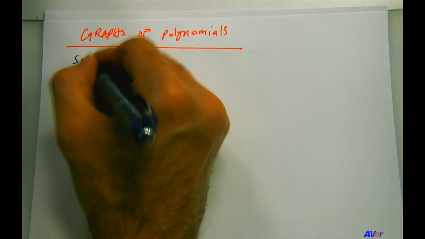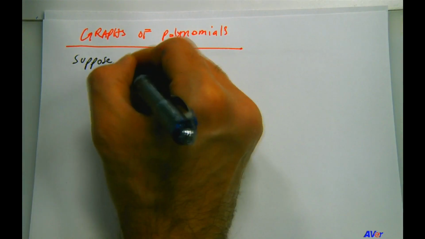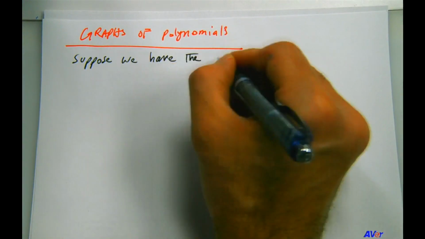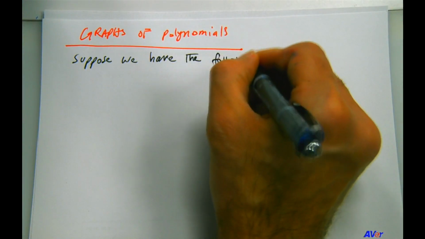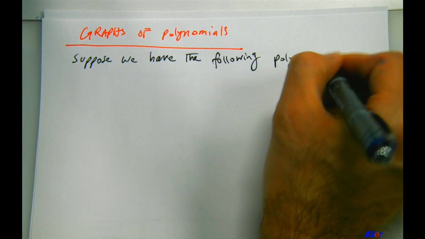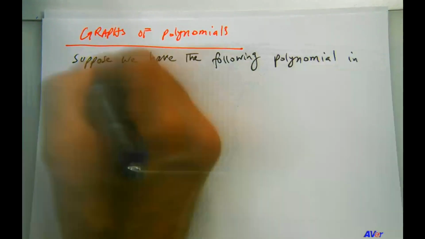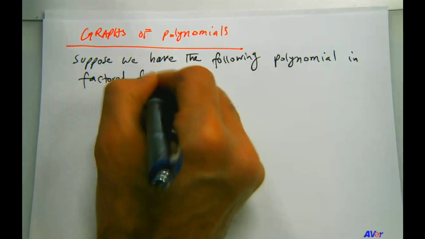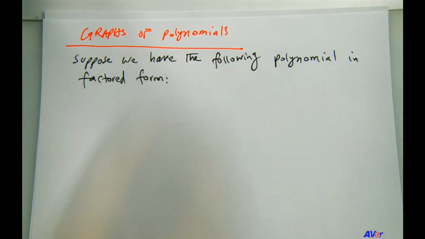Suppose we have the following polynomial in factored form.